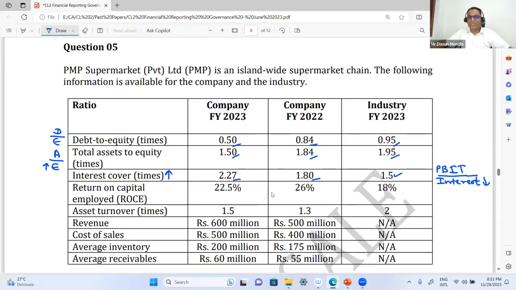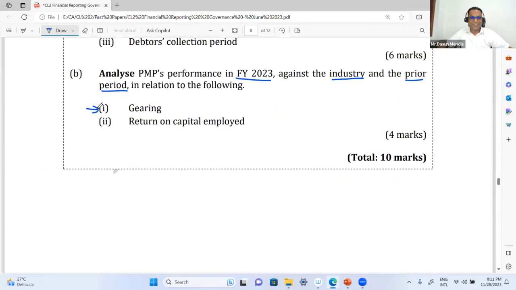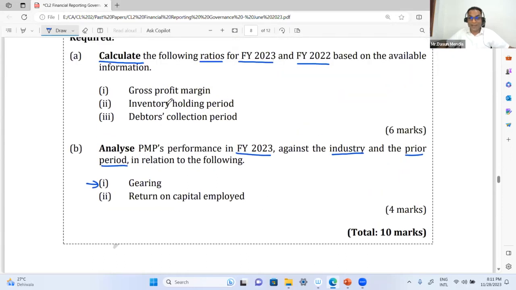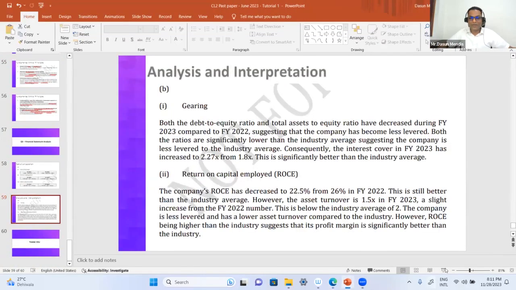So we actually talk about the gearing. So we have already answered Roman number 1 of part B. I have to do part A, right? But by looking at the ratios, actually, I have answered that gearing. So let's look at the answer there before moving to part A. What I have explained is there, you can find out.